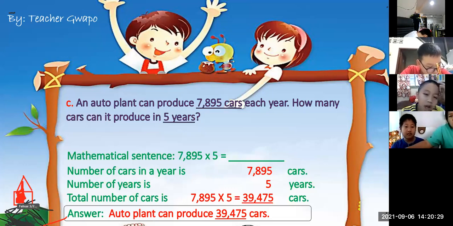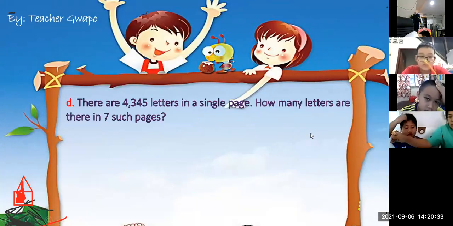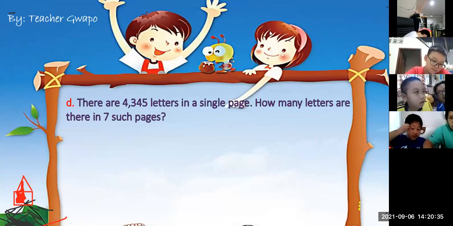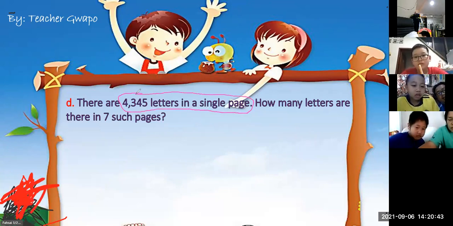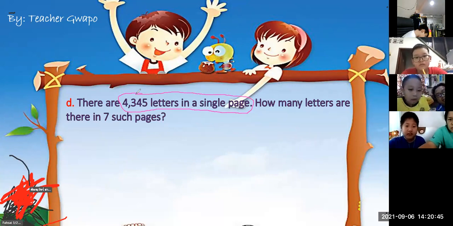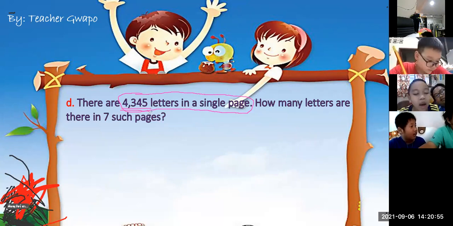Now in letter D, it's about the number of letters in a single page. When we say single page, in one page, one page only. One page has 4,345.